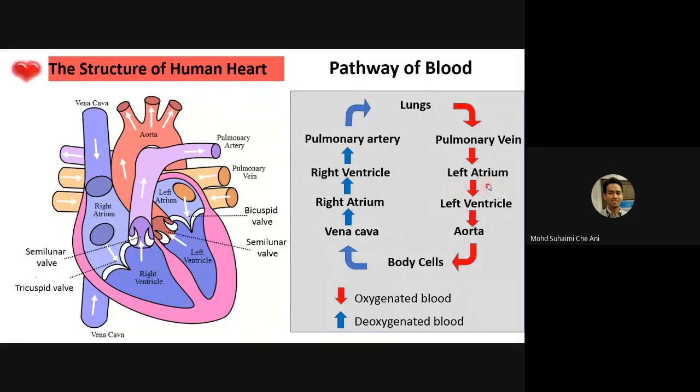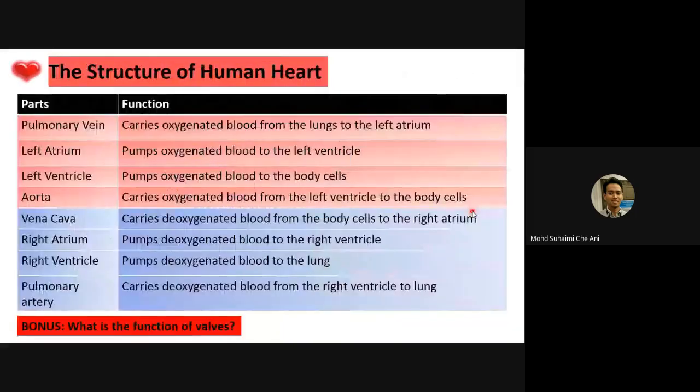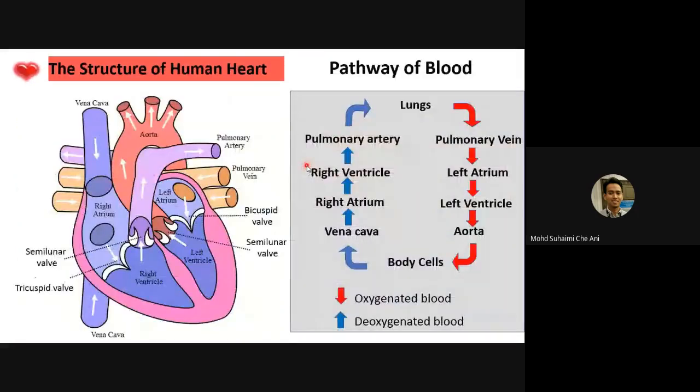So there are different blood vessels and parts. I simplified the parts and the function in this table. It's basically what I presented just now, so it is the same thing. It is easier for you to remember the pathway of blood.